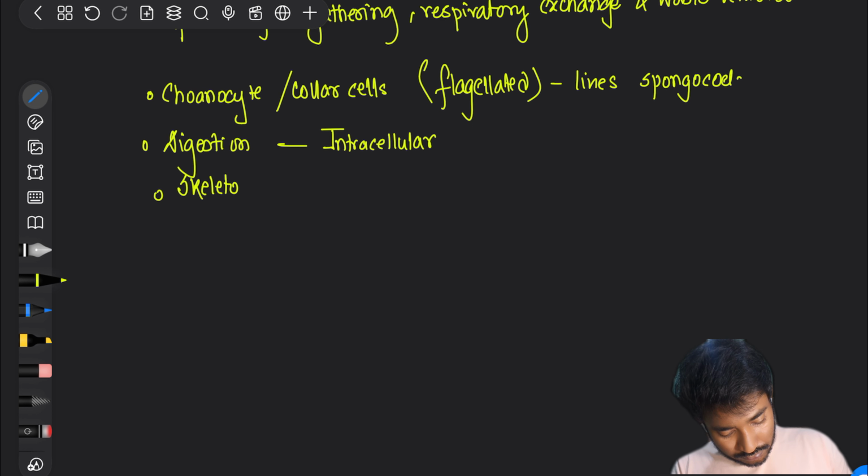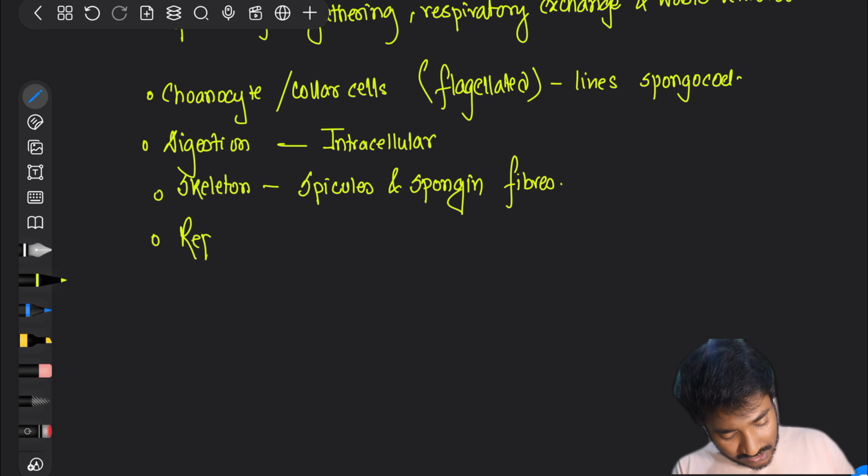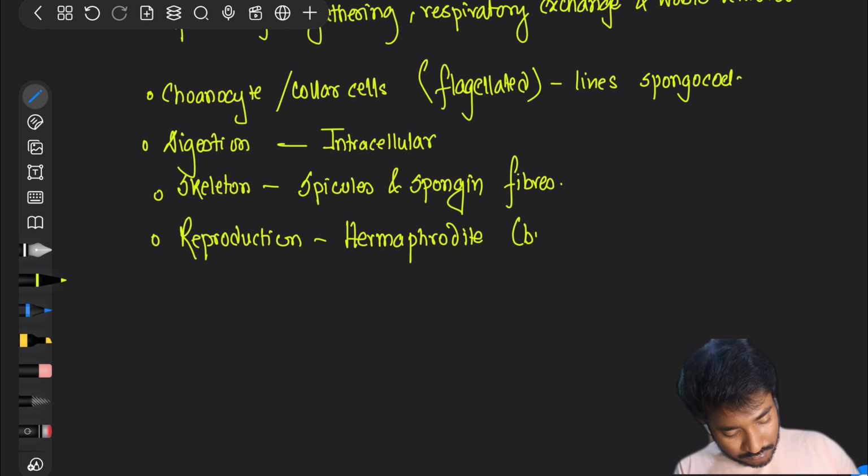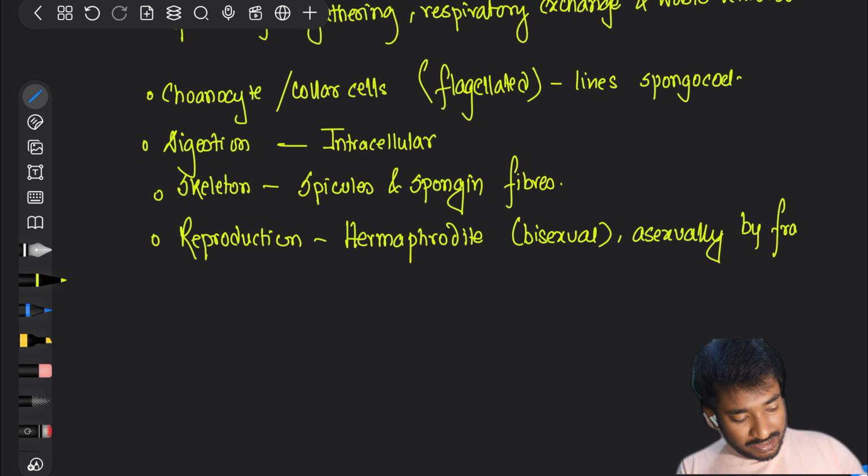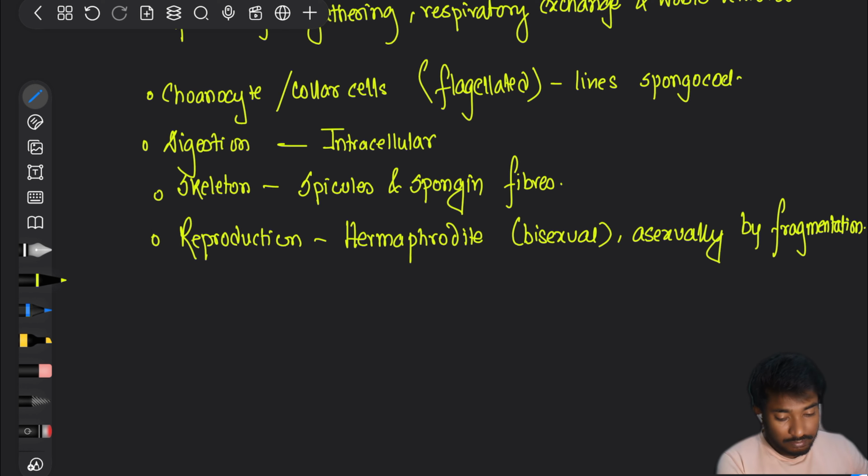Skeleton: spicules and spongin fibers. Reproduction: hermaphrodite, it is bisexual, and asexually by fragmentation.